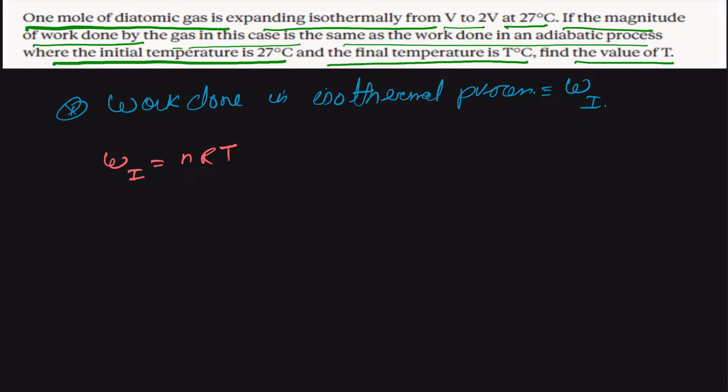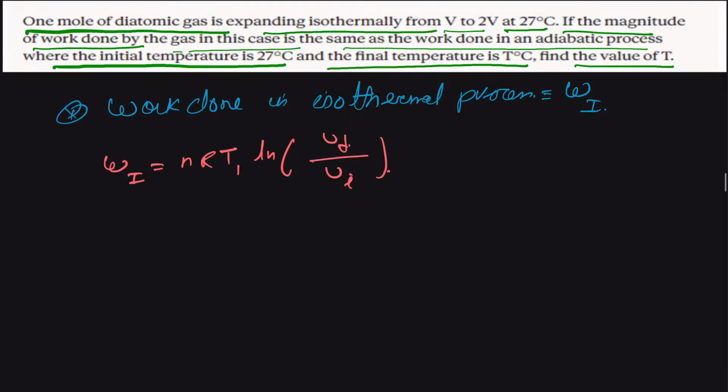The temperature given to us is 27 degrees centigrade, that is T1, and the volume changes from V to 2V. So we get 1 mole multiplied by R, temperature 27 so that will be 300 Kelvin, and the natural log of 2V upon V.